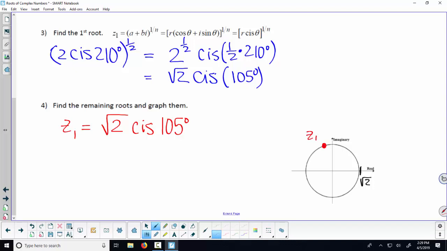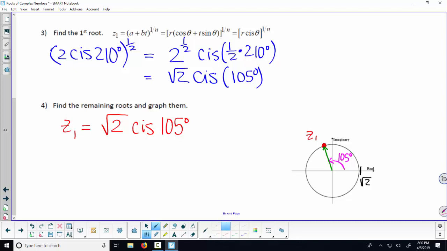There's my first root. If we associate it with a vector, you'd see this segment here going from the origin, or that ray, I'm sorry. And I know then that this is 105 degrees. So that's the location of the first root, always the measure from the positive horizontal axis.